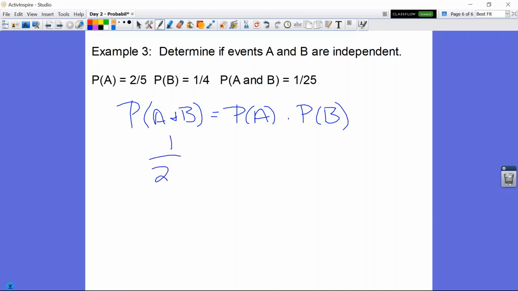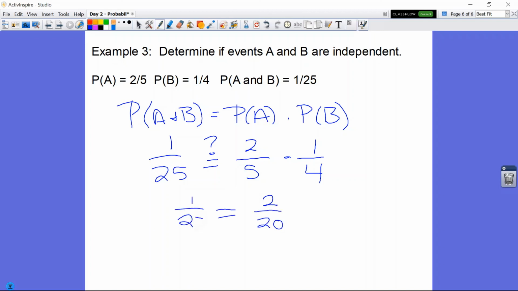This is 1/25 is equal to 2/5 times 1/4. And essentially, we're trying to make sure that's a true statement. If it is, we know the events are independent. So 2/5 times 1/4 is going to give us 2 out of 20, which we know is not equal to 1 out of 25. So these events are dependent. If they were equal, it would be independent.